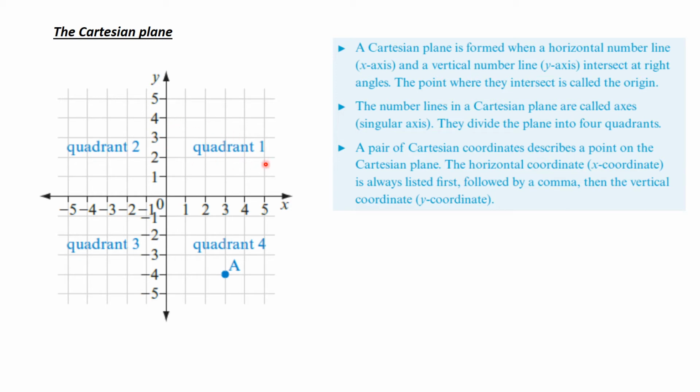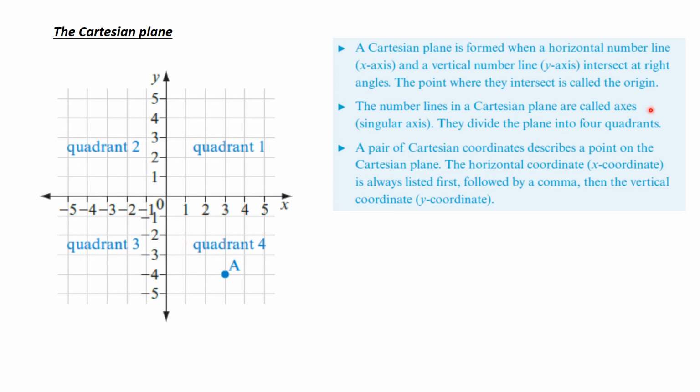You also notice that the 4 quadrants are listed. We move anti-clockwise. So we start here on the top right and we move to the top left, move down to the bottom left, and then the bottom right. This is how you order your quadrants.